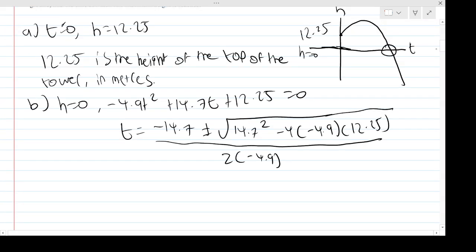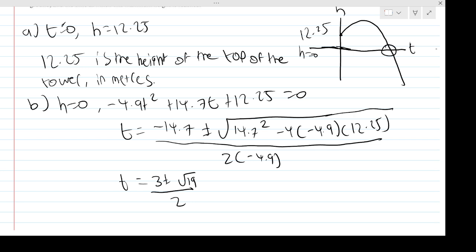So put that in the calculator or put that into your solver. You should get these two values. So t is 3 plus or minus root 19 over 2.